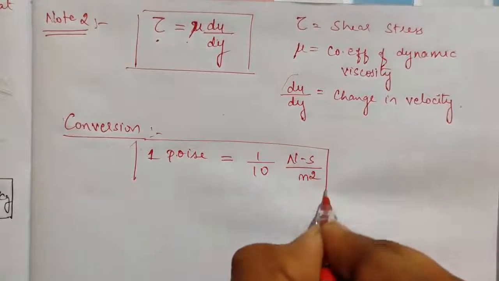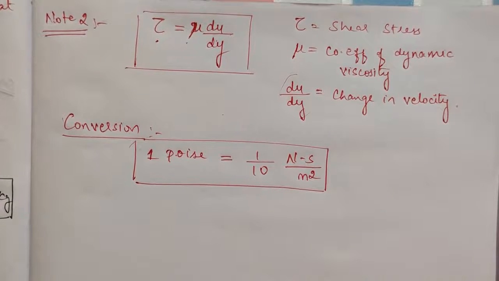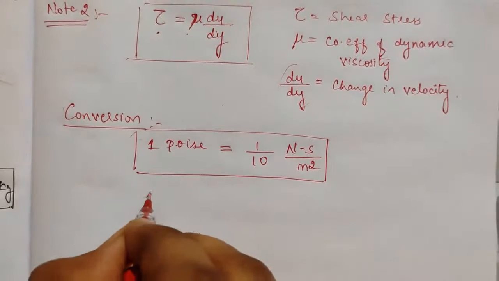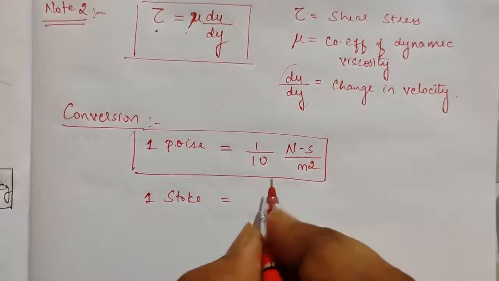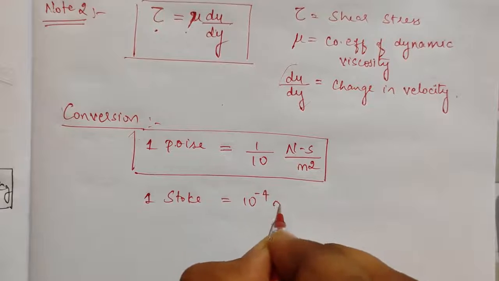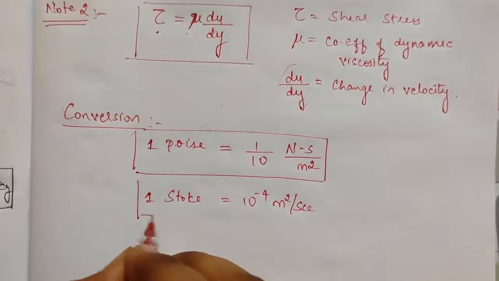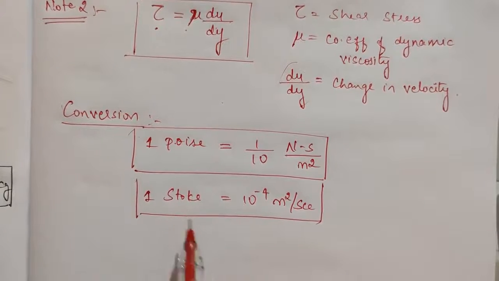I have discussed in the PPT, but for remembrance I am writing it again. So 1 poise is equal to 1 by 10 Newton second per meter square, and 1 stoke is equal to 10 power minus 4 meter square per second.